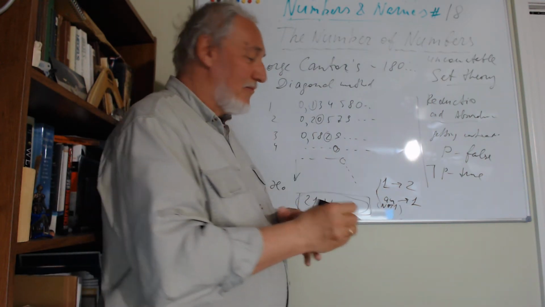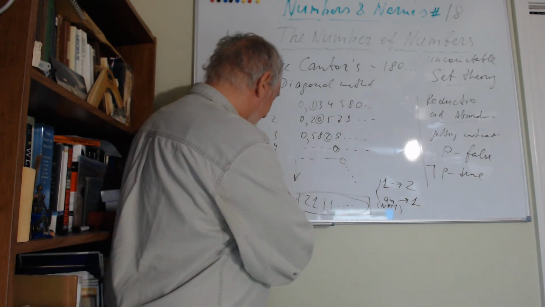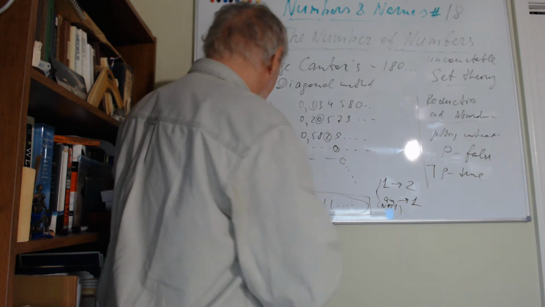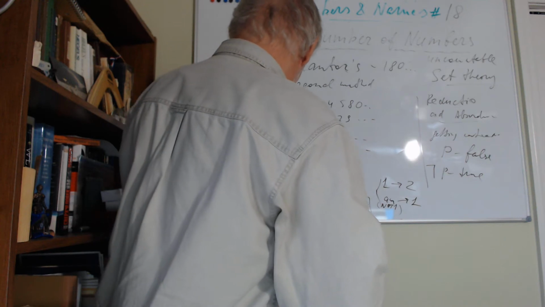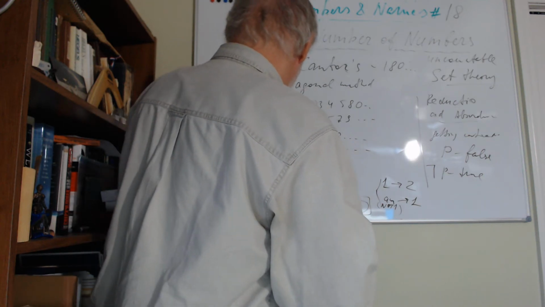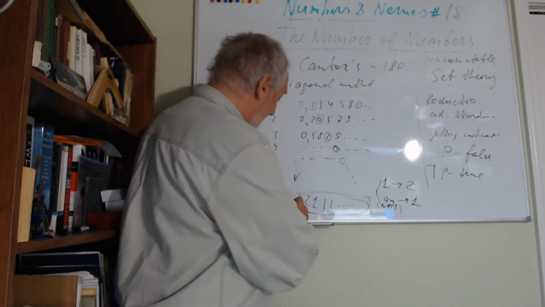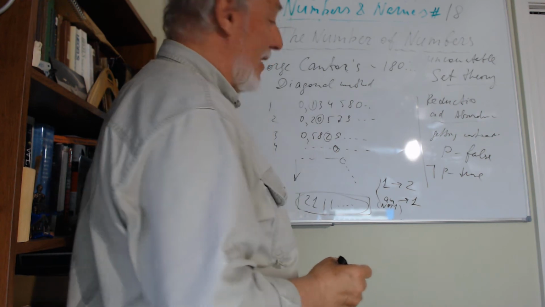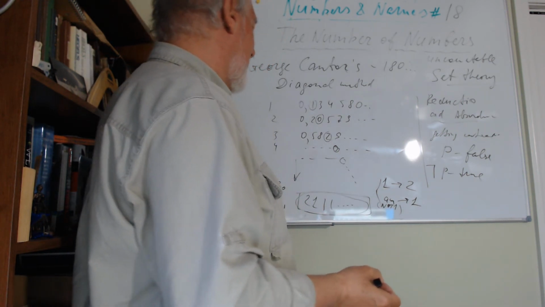Aleph 0 is the countable set. What's uncountable? Aleph 0 is just notation, guys. Aleph 1. Exactly. And this aleph 1 was proven, not proven, but it's called the continuum number.